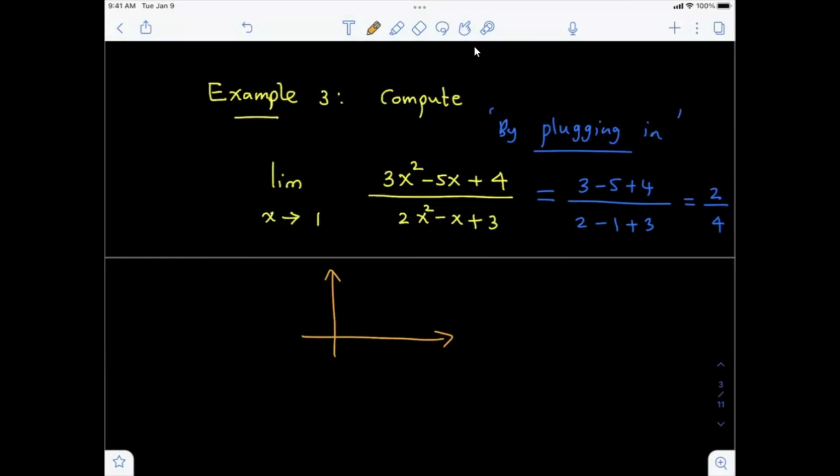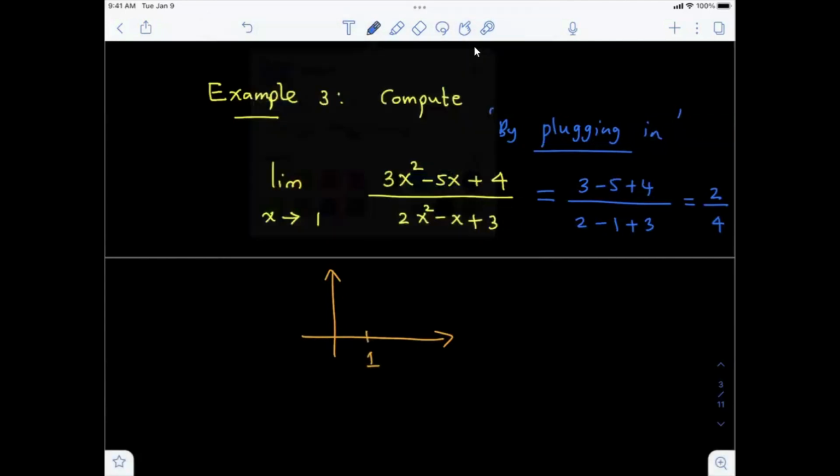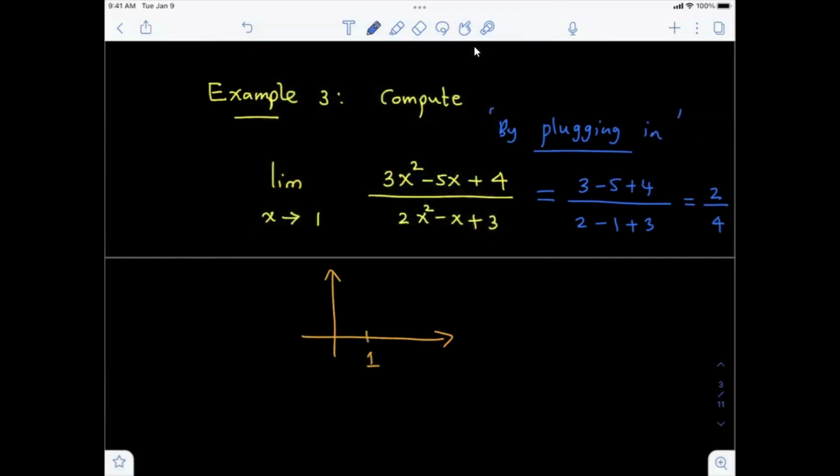But what's really happening is, around 1, I don't know whether it's increasing or decreasing, but it is approaching the height of 1/2 from each end, and the function is well defined at that point.